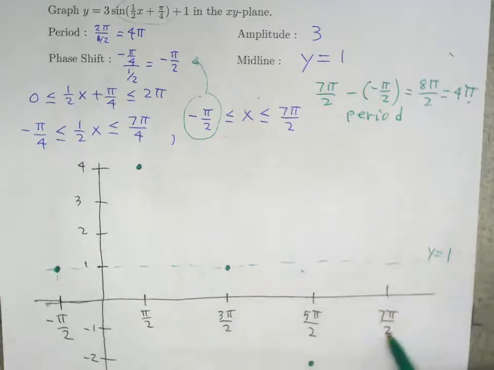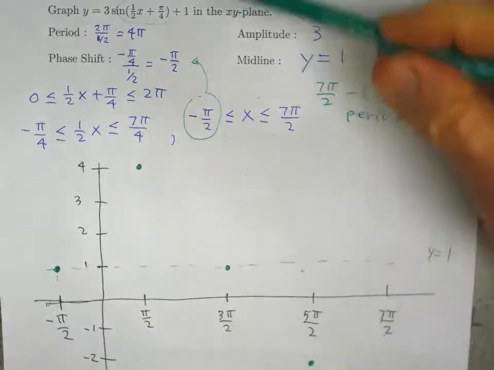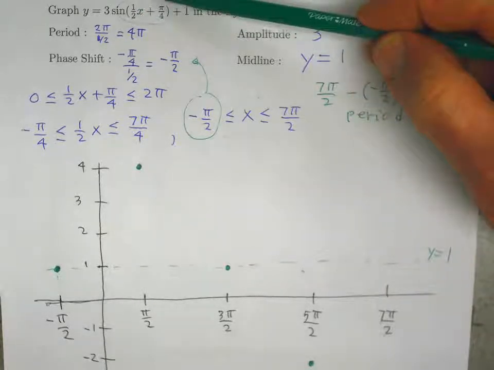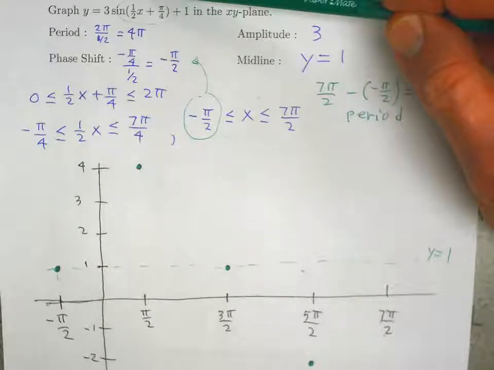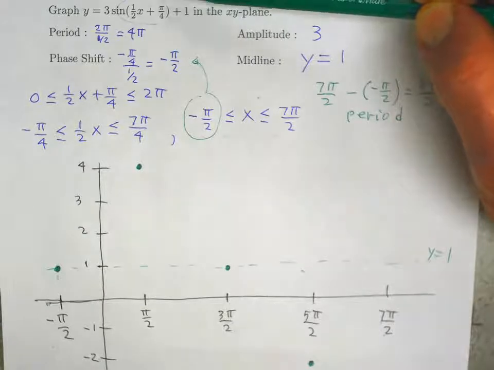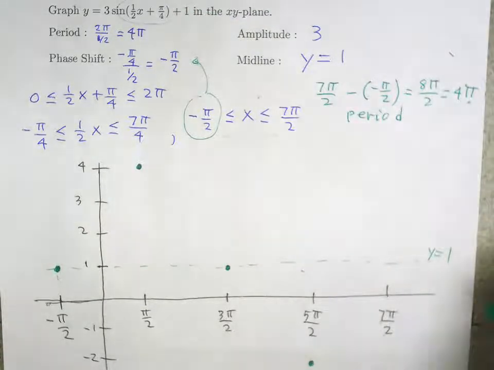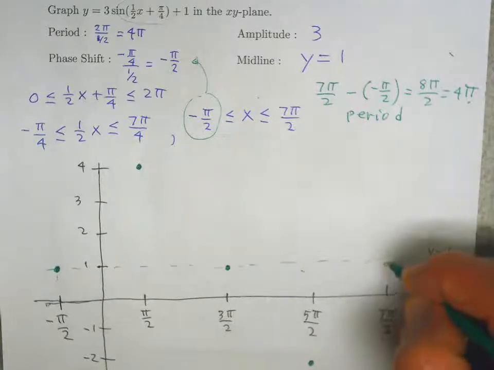Okay, one more. When x is 7 pi over 2, 1/2 times 7 pi over 2 is 7 pi over 4. 7 pi over 4 plus pi over 4 is 8 pi over 4, or 2 pi. Sine of 2 pi is 0. 3 times 0 plus 1 is 1, so we're back up here.